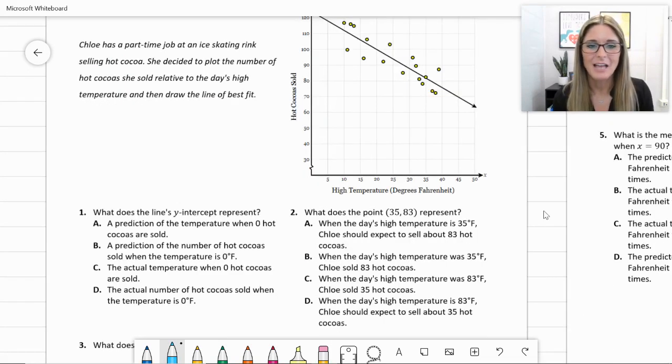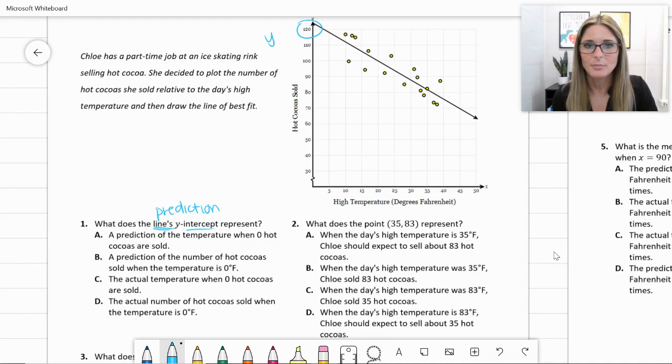Number one, what does the line's y-intercept represent? We're looking at our line of best fit, and that is going to represent predictions that we could make about additional values on our scatter plot. Let's look at our y-intercept, which would be up here going through our y-axis. Would it represent A, a prediction of the temperature when 0 hot cocoas are sold?